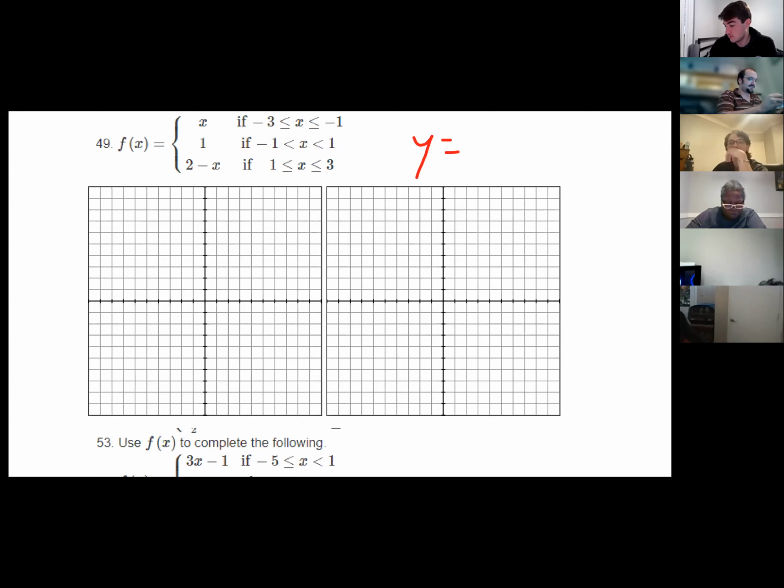So this is actually like 3 different functions, right? I have y equals x, y equals 1, and then I have this thing that looks like y equals 2 minus x.